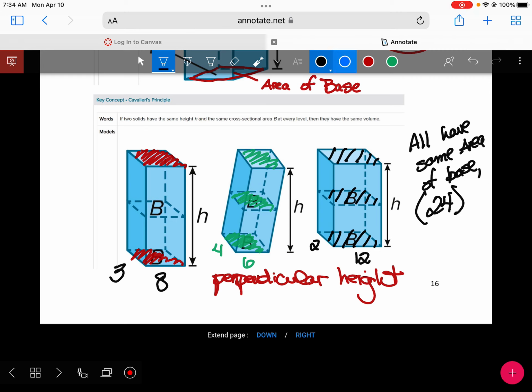And then as long as my height is the same, let's say this height is 5, this height is 5, this height is 5, with the same height, gives the same volume.